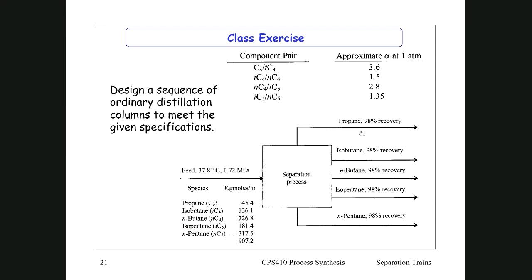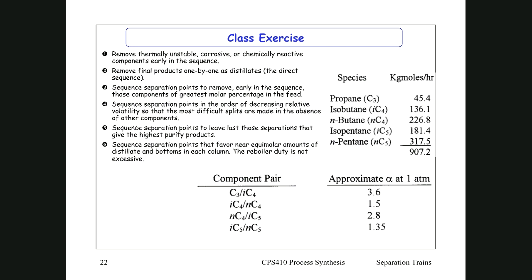All right, let's go on to the next slide, where I have put all of the heuristics on the page together with the flow rates and the alphas. Each of you just get a piece of paper and start sketching out the sequence that you think you would take to solve this problem.